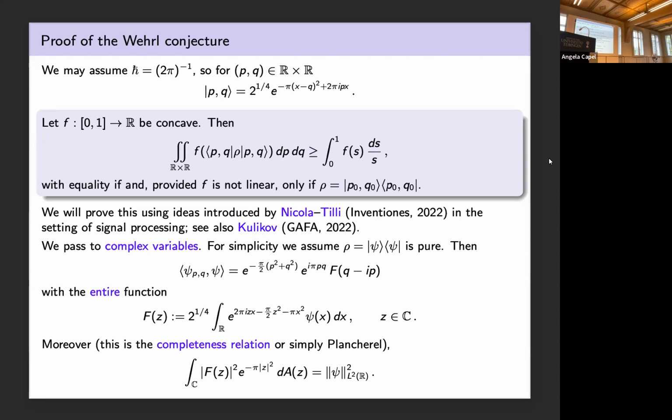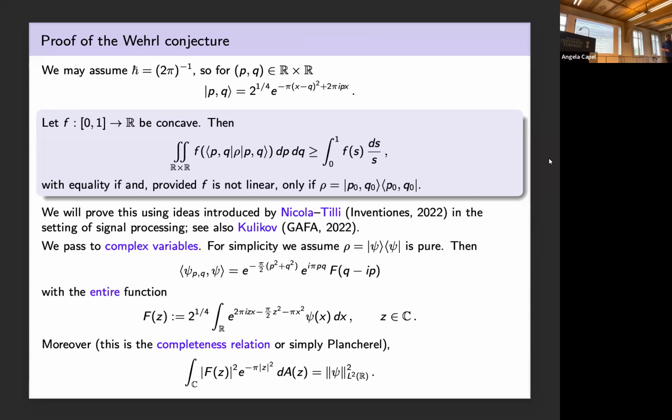When you look at this formula, you see that only z enters and no z bar. In other words, this is an analytic function, an entire function on the whole complex plane. And now it's good to think of this F as really the variable. So this is an entire function which satisfies a certain integral condition, namely the completeness relation that we had back there, written out in terms of this F function, where I moved the Gaussian and put it back in, and then this is just the original norm, which we can assume.